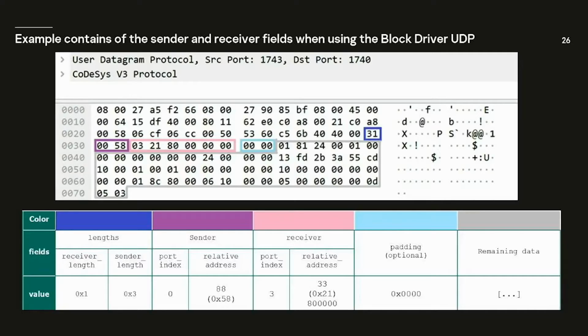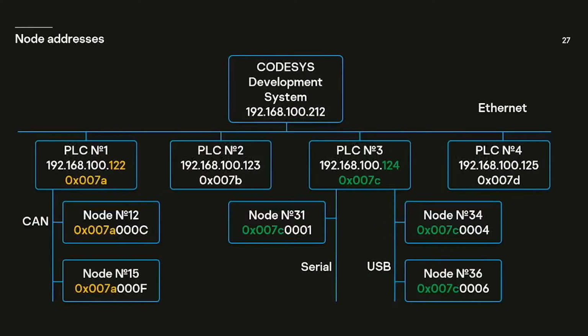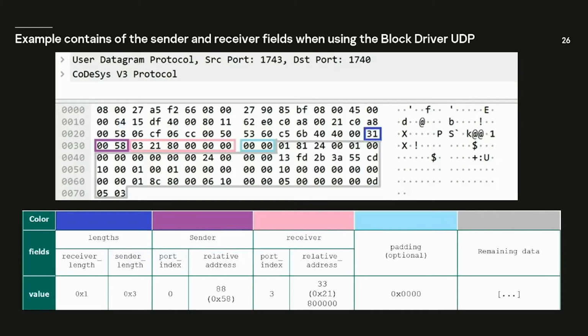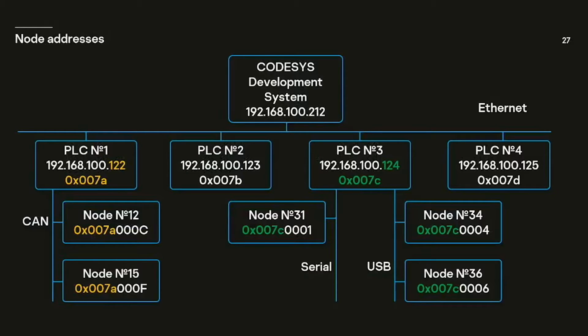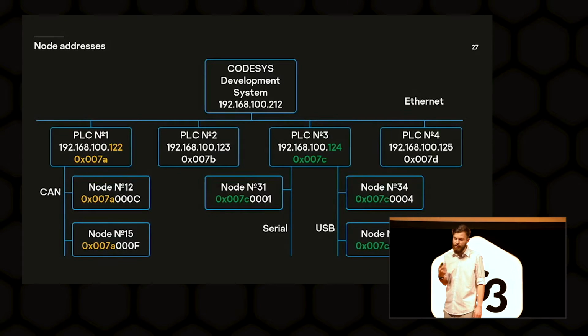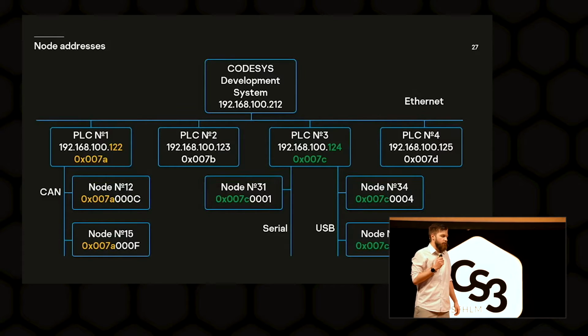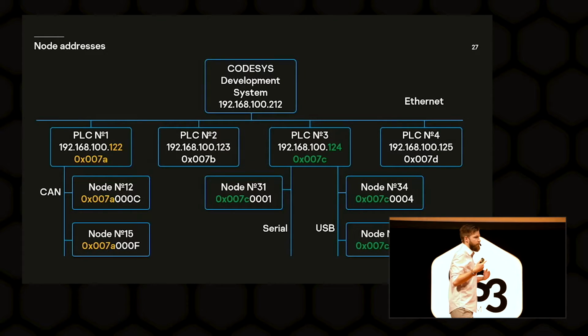So what does it mean, sender and receiver? Why do we have only 1 byte instead of 4 bytes? A CODESYS node, which includes the CODESYS development system and CODESYS Runtime, uses a kind of tree network topology.